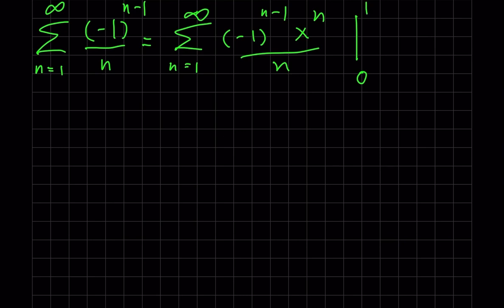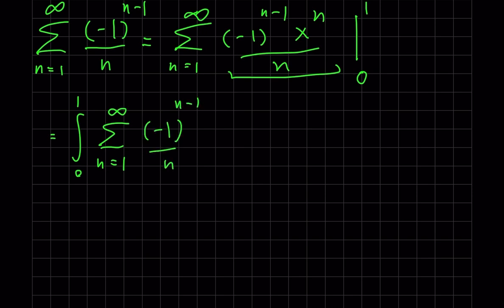So we could turn this evaluation into an integral somehow. And to do that, we have to differentiate this term with respect to x. So we could say this is equal to the integral from 0 to 1, the sum from 1 to infinity of (-1)^(n-1) over n times the derivative with respect to x of x^n dx.